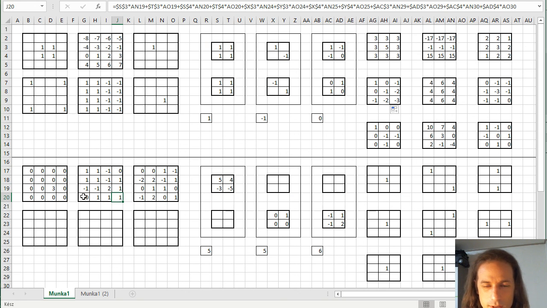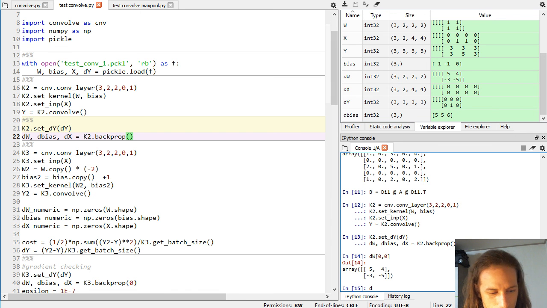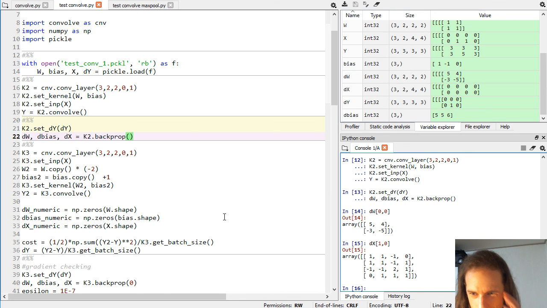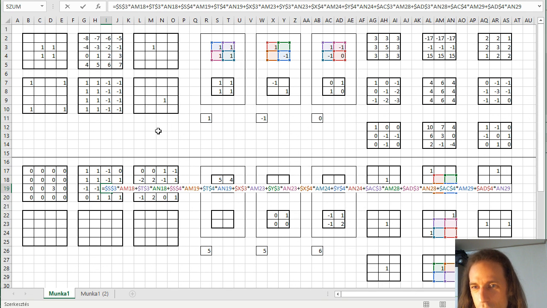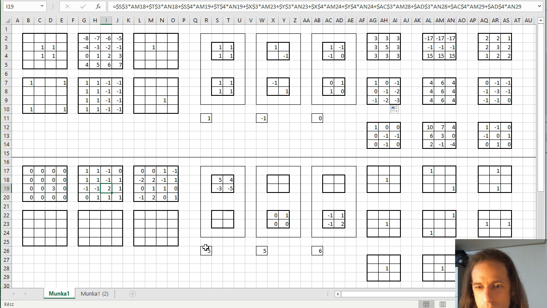So let's just take a look at dx 1, 0. That's going to be 1, 1 minus 1, 0, and 1, 1 minus 1, 1. So you can see that's basically the correlation operation, just works fine.